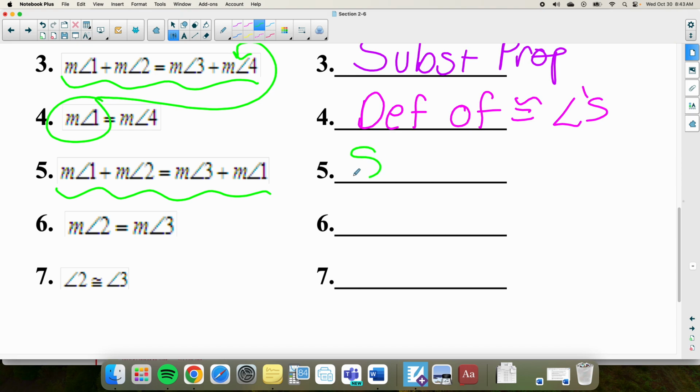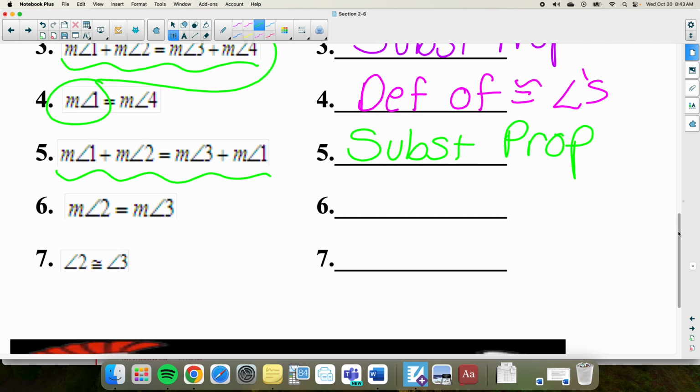So that would be substitution property, okay? So the measure of angle 1s were the same, measure of angle 2 was the same, measure of angle 3 was the same, but you'd notice these are different, and they can do that by substitution.